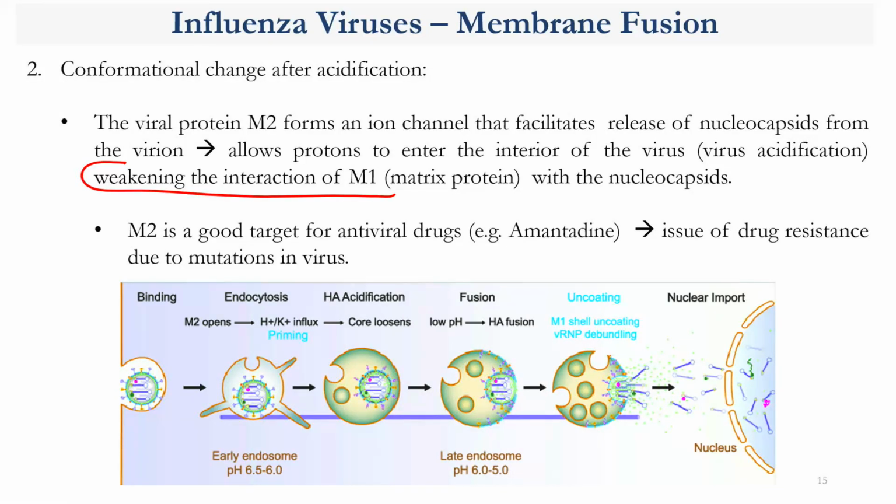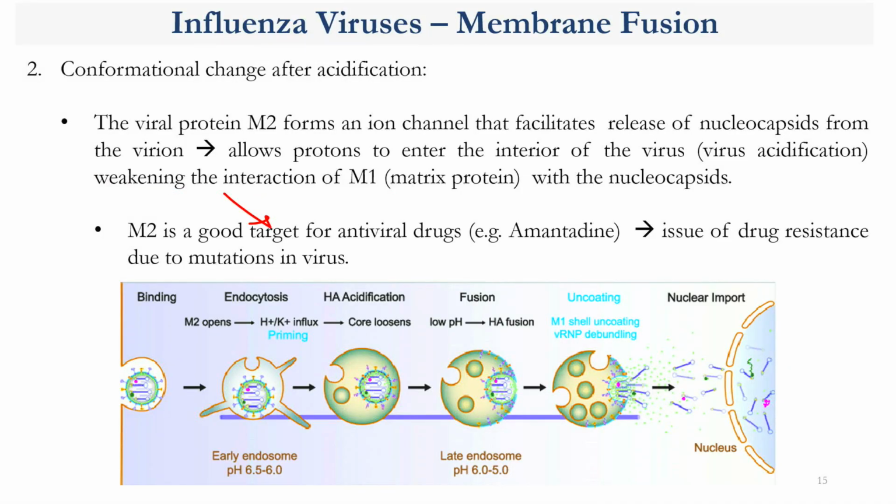So as the interior of the virus is getting acidified, you are going to start weakening those interactions of matrix as well as the nucleocapsids, okay? And as a result, this is a very good target for antiviral drugs.